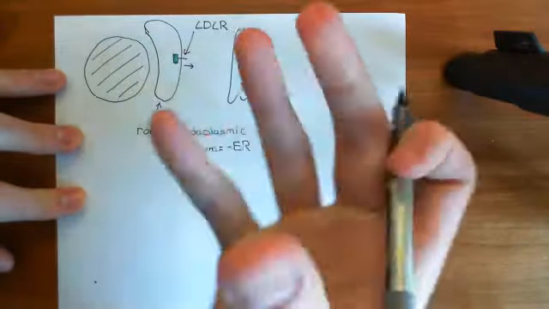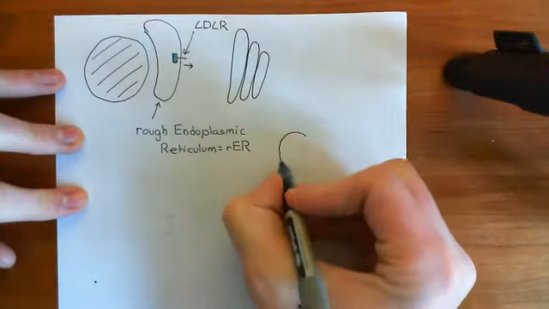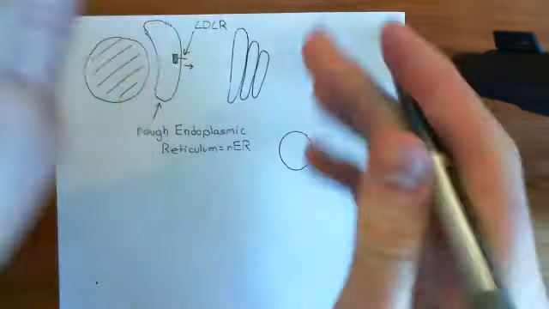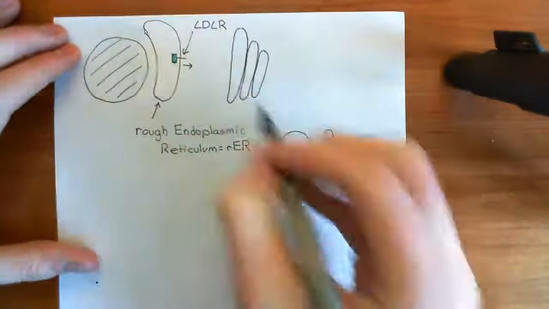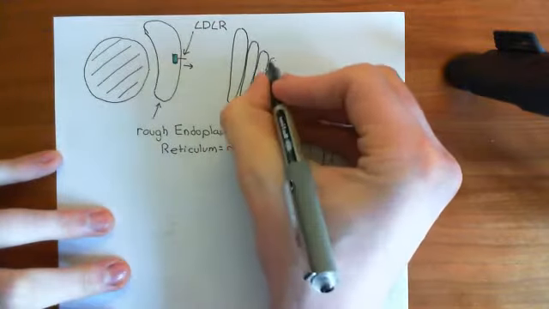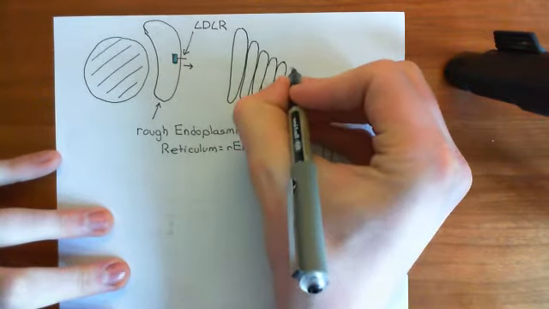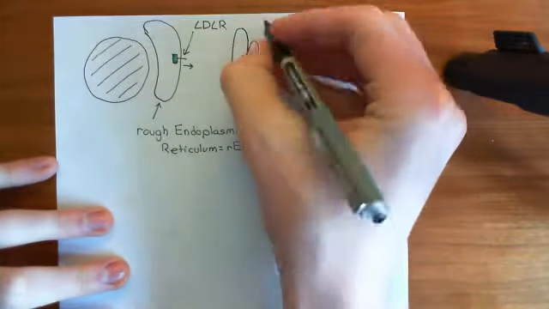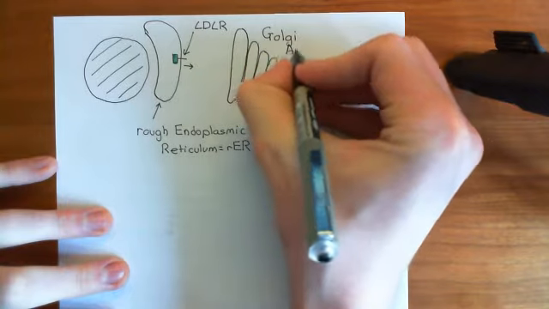So imagine taking a sphere, like a balloon surface, and then squashing it down so that what you end up with is a disc. Then you stack multiple of these discs on top of one another, generally around 7 in a Golgi apparatus. So here is our Golgi, and they gradually get smaller as you go along. So this is the Golgi apparatus.